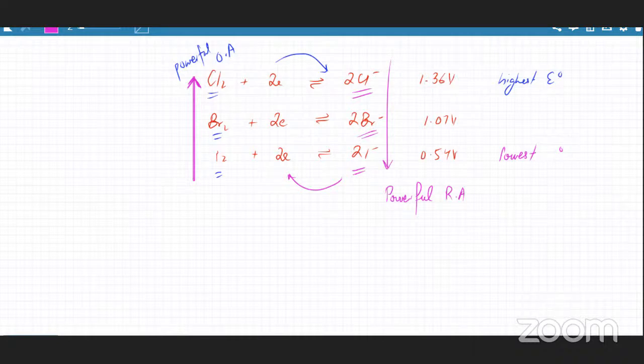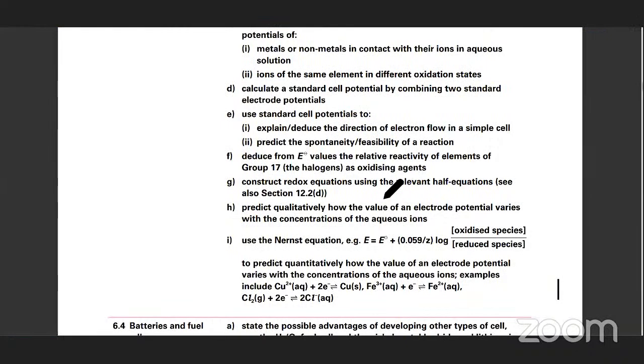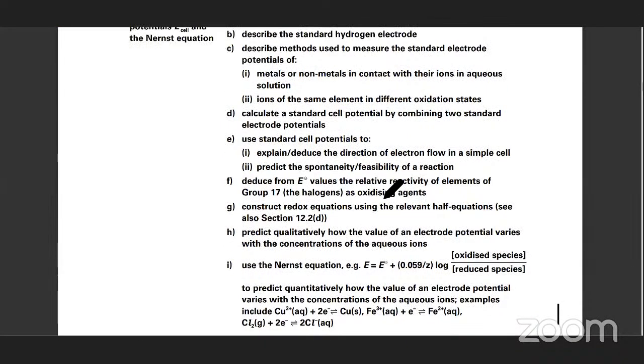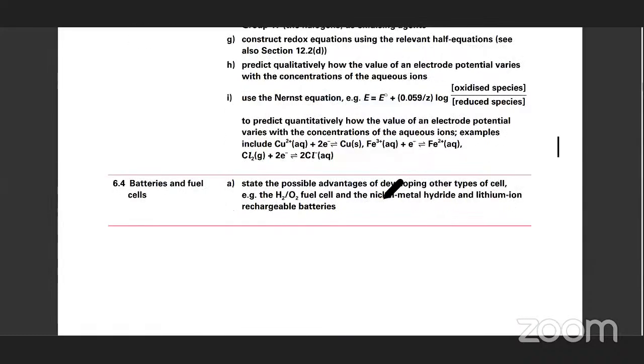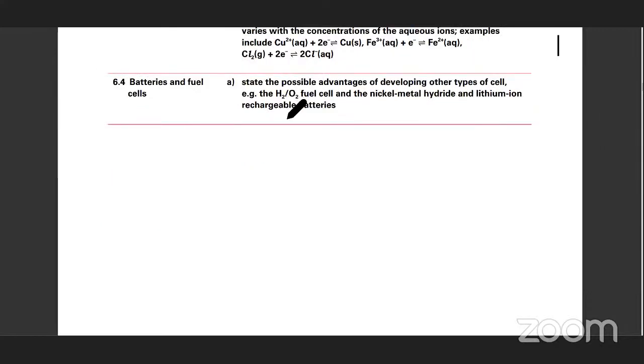Okay. अच्छा, अब उसके बाद है कि the H2O2 fuel cell, nickel lithium ion rechargeable batteries. अच्छा, इसके अंदर you don't have to actually remember the cells. ठीक है. What you just have to know is कि I mean these cells are exactly, मतलब ये cell है.